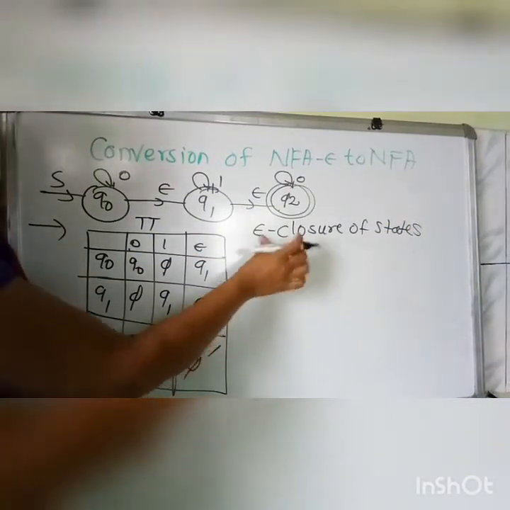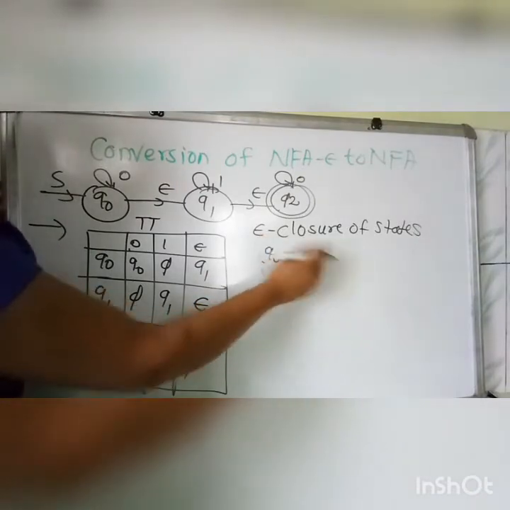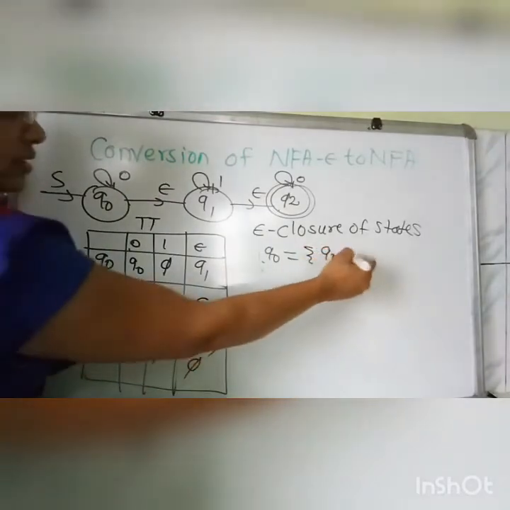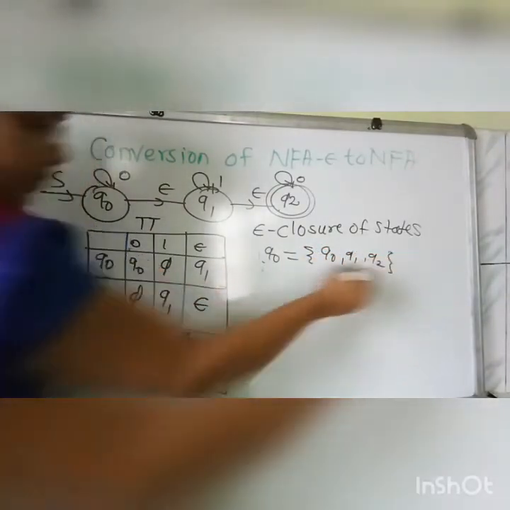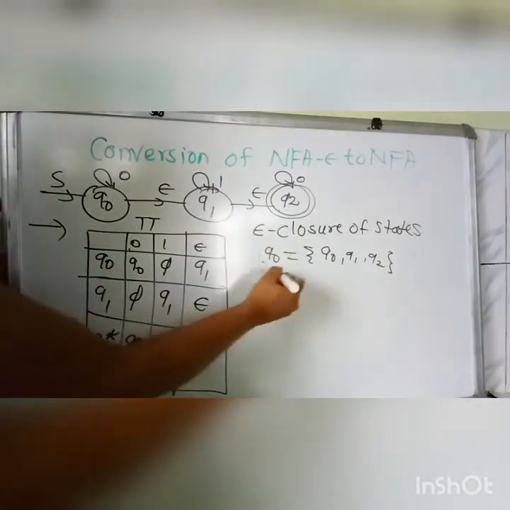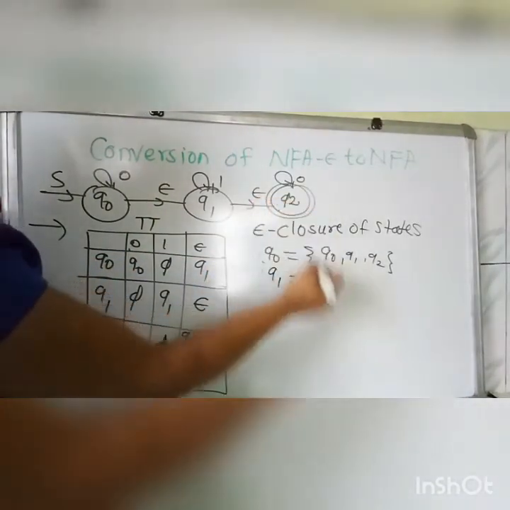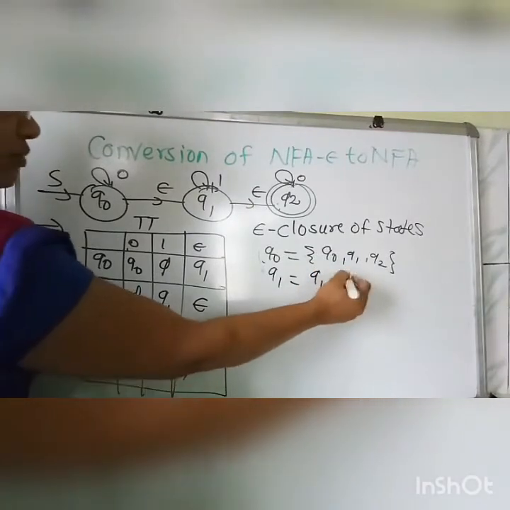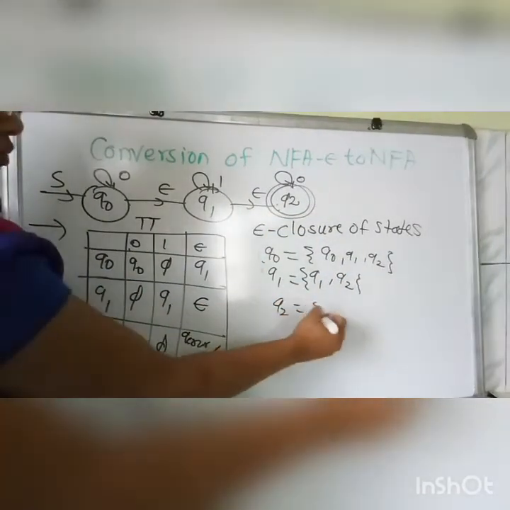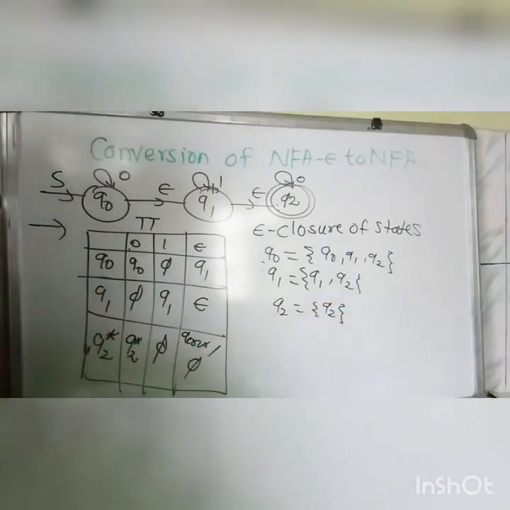For Q0 the epsilon closure will be Q0, Q1 and Q2. Next, for Q1 the states connected with epsilon are Q1, Q2, and for Q2 it will itself come into its epsilon closure.